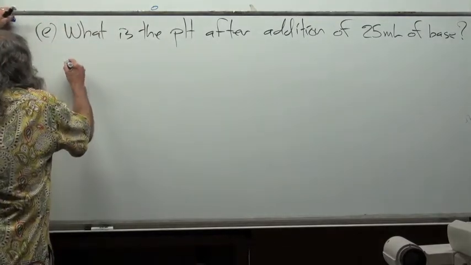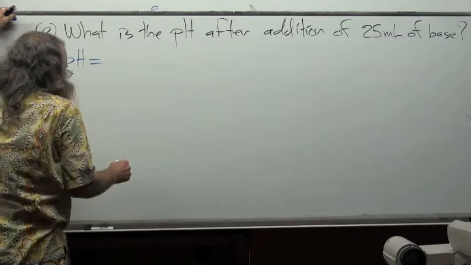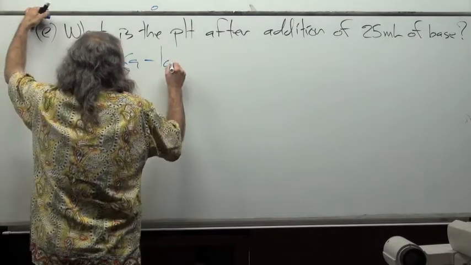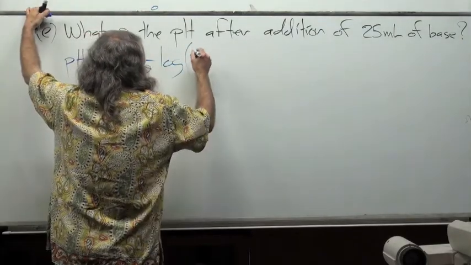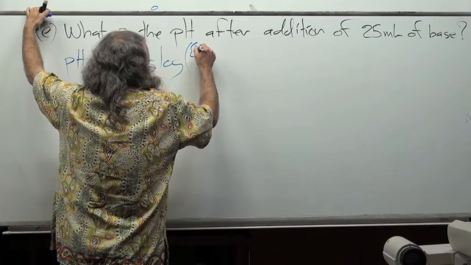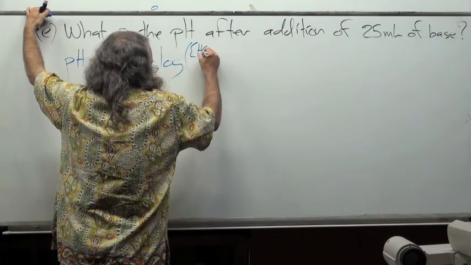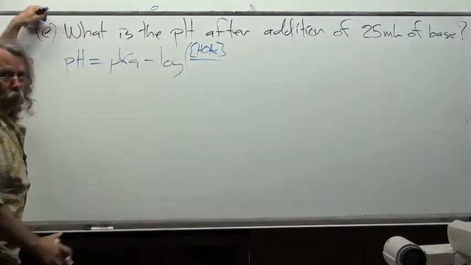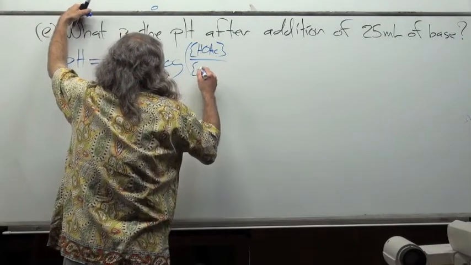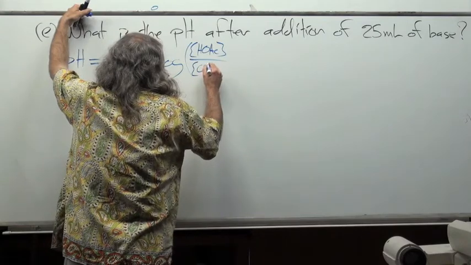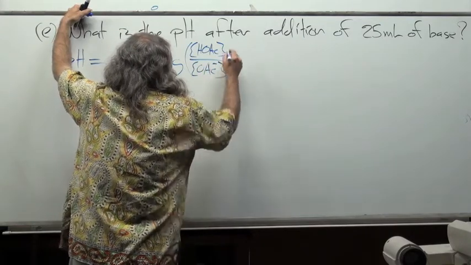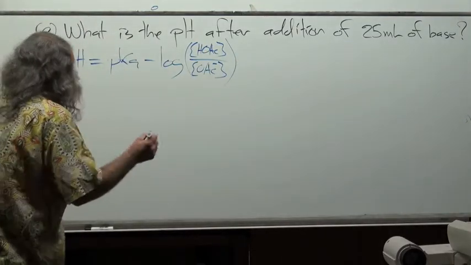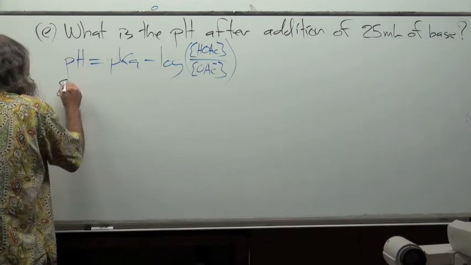And pH is equal to what? pKa minus the log of HA, or the protonated form of the acid, divided by the conjugate base. Okay? And so all we need to do is therefore solve for that.